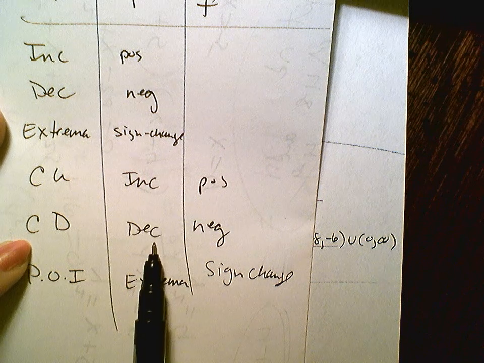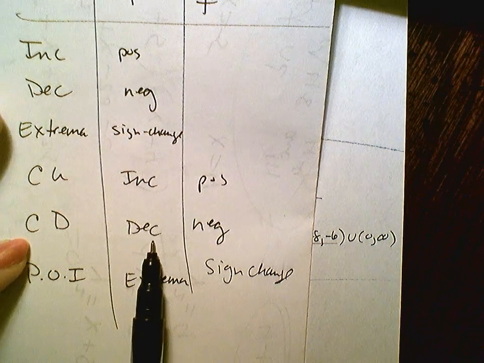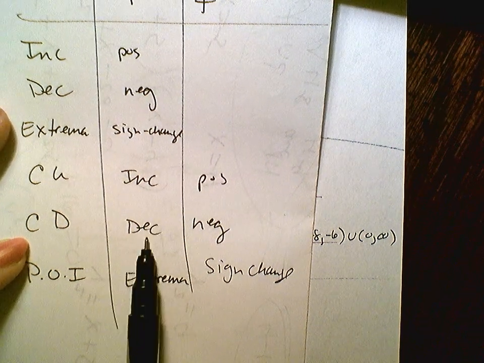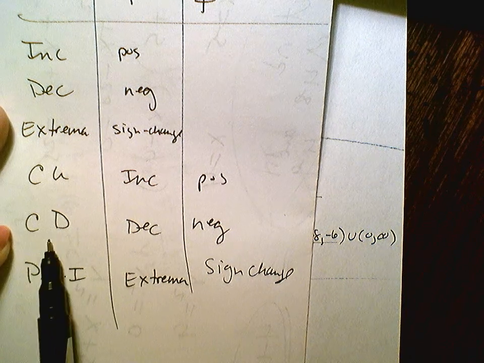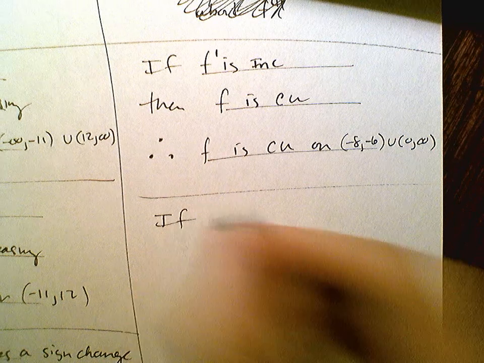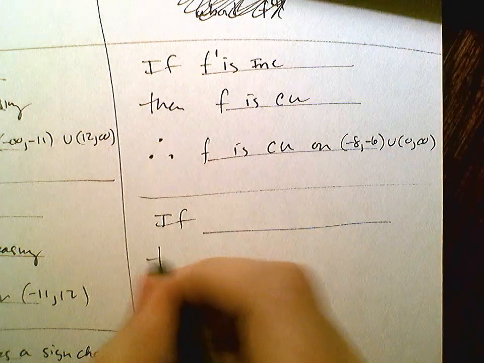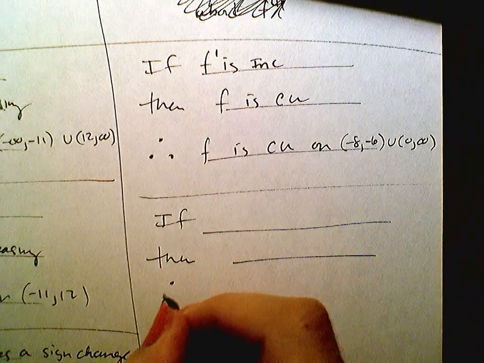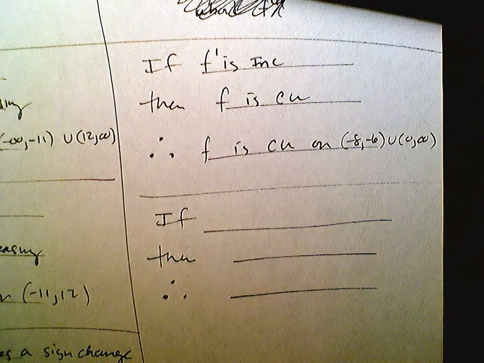If f prime is decreasing, then f is concave down. Okay, so if blank, then blank, therefore blank.